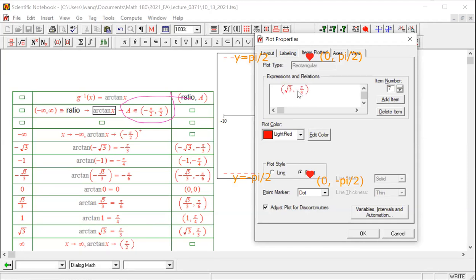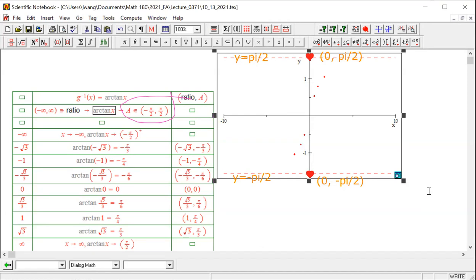Six red points. They're quite small, right? So I'm going to make it a little bit larger.